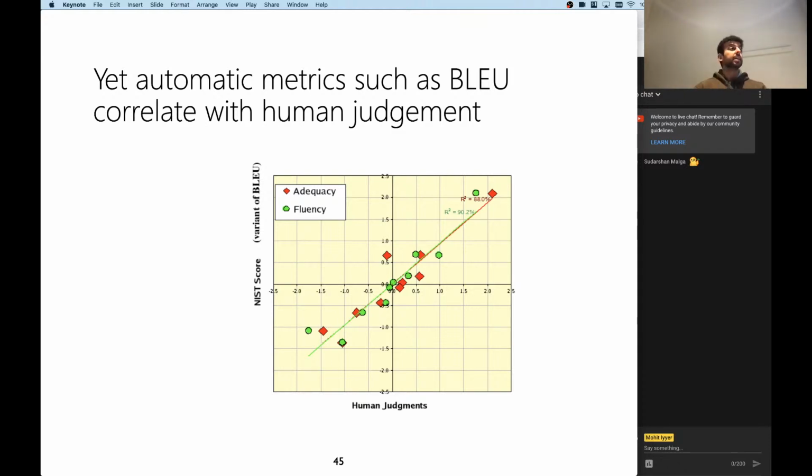So studies like this, where you have a metric and you correlate the output of that metric to human judgments, kind of validate that this evaluation metric, despite all its flaws, is still a useful automatic way to evaluate your translation system. So when new metrics are proposed, they basically have to show that they have a higher correlation to human judgments than existing metrics.